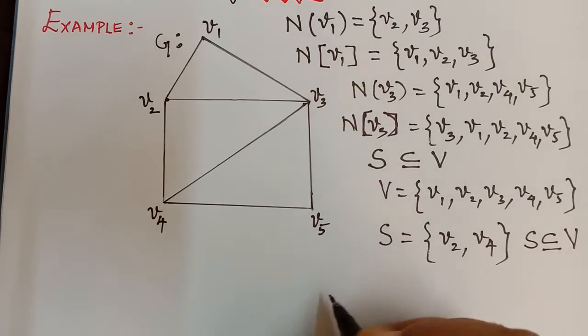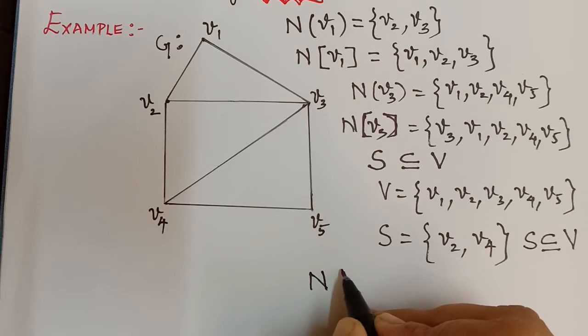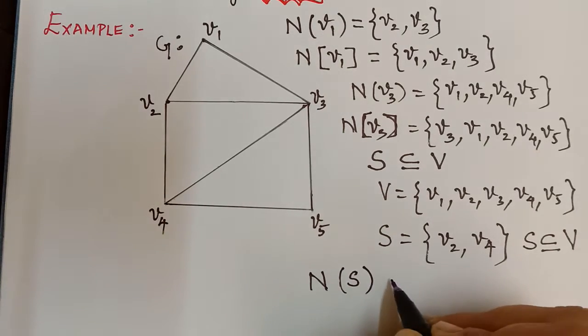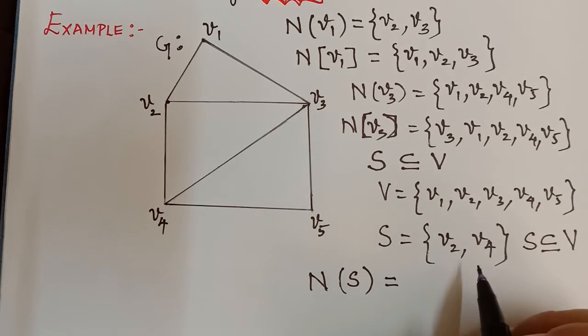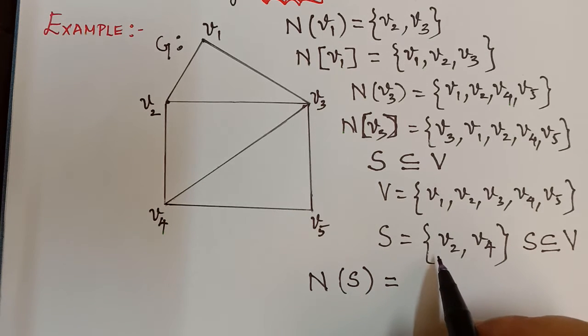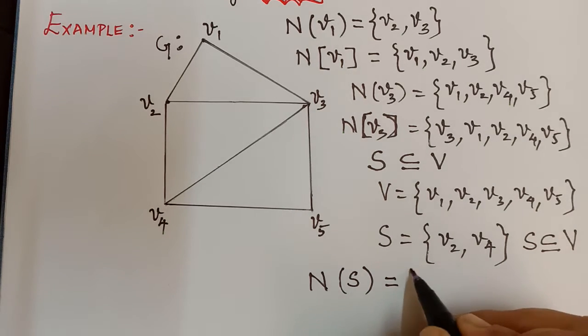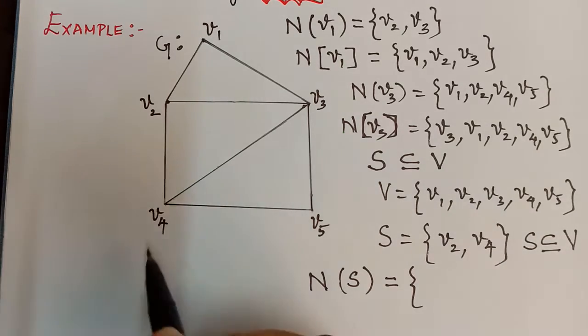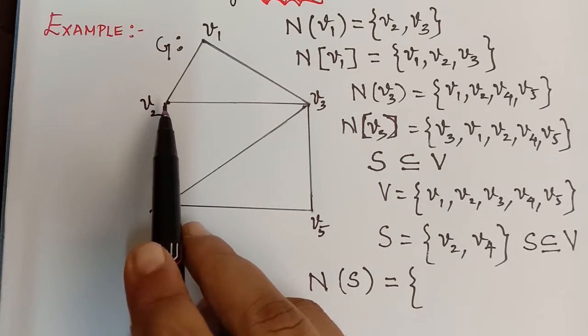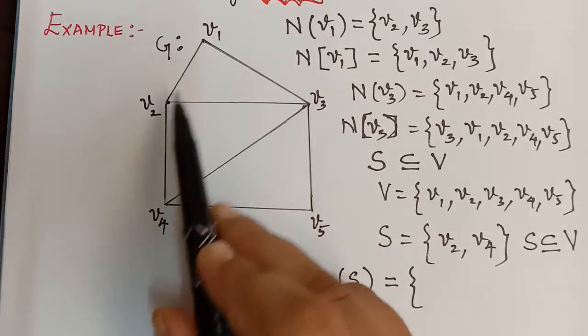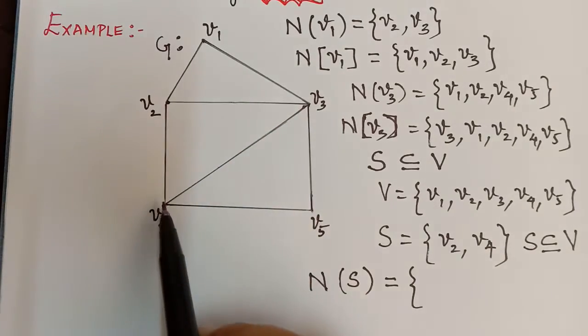Now the neighborhood set of this subset includes all those vertices which are adjacent to the vertices of S, that is V2 and V4 as well. Now for V2, the vertices adjacent to V2 are V1, V3 and V4.